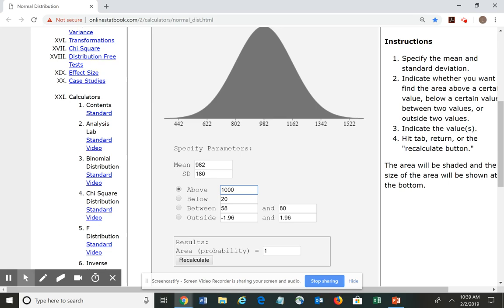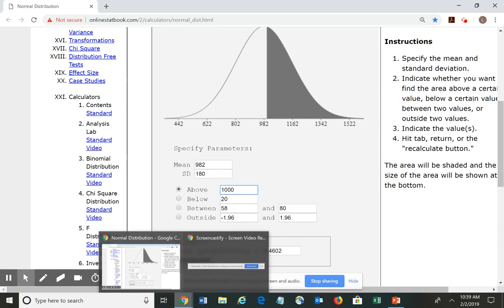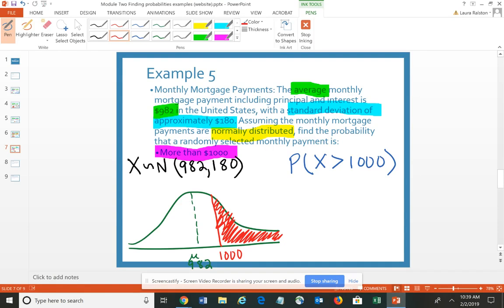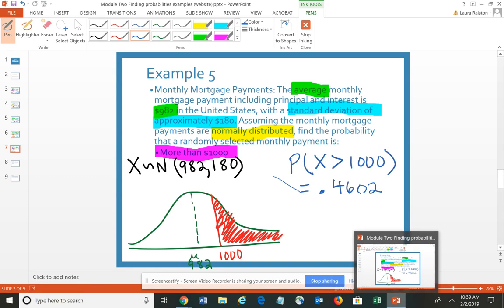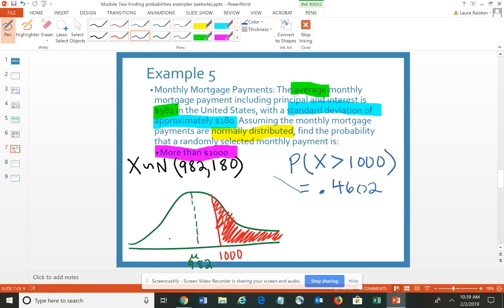So I choose the option above, and I get 0.4602. So the probability that I am more than 1,000 is 0.4602. There's about a 46% chance that my monthly mortgage payment would be more than $1,000.